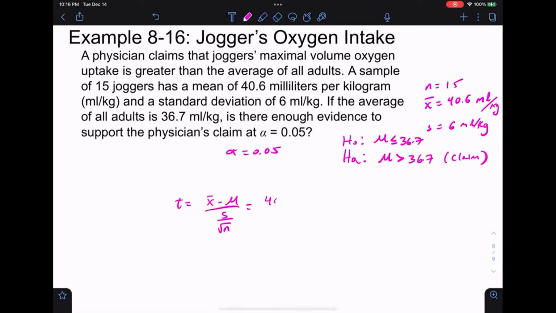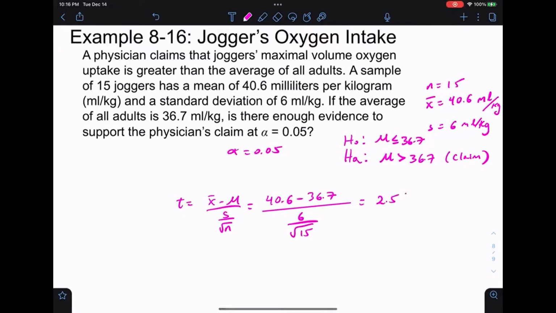So this is 40.6 minus the mean, which is 36.7, over s, which is 6, divided by the square root of 15. This divided by this, you get 2.52.